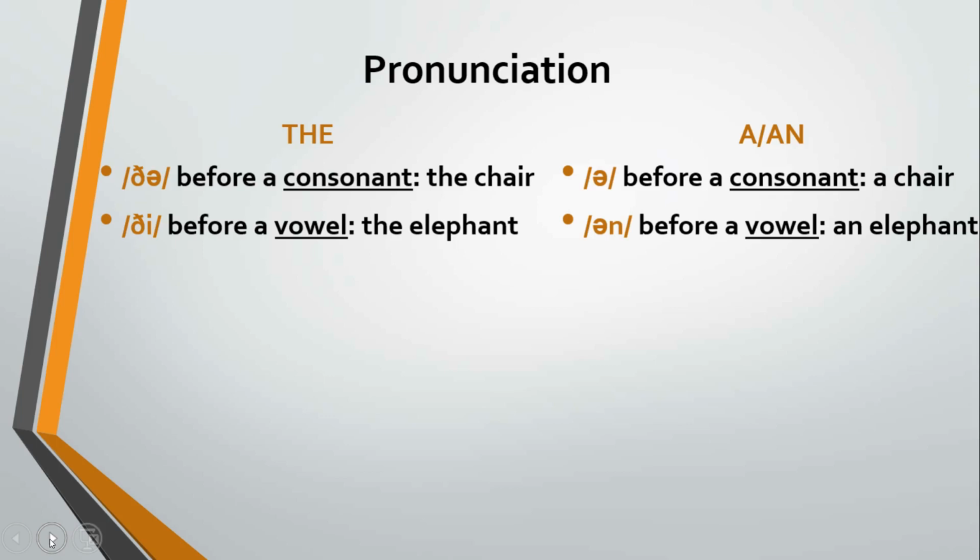A can only be used before a consonant, a chair, and an can only be used before a vowel, an elephant. Try to practice the pronunciation of these articles, as they are among the most frequently occurring words in the English language. Now let's move on to the next slide.